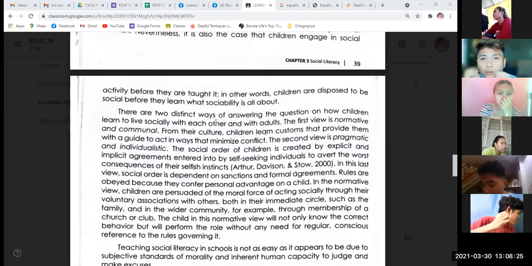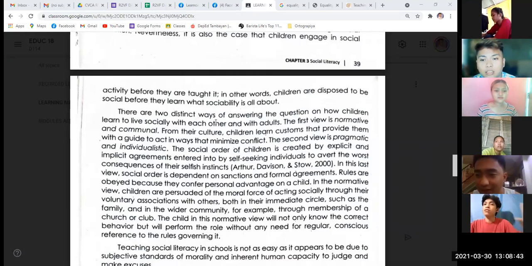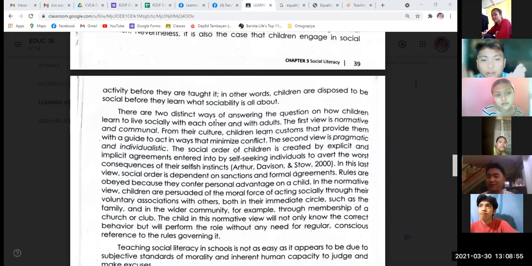Why? Because when we talk about pragmatism, we're referring to individual experiences. Okay? Like for example, let's say para kay Lloyd masarap ang lechon. Okay? Para kay Lloyd masarap ang lechon, halimbawa. Pero para kay Roma, hindi masarap ang lechon. Okay? Why? Because Roma has a prior experience about lechon.